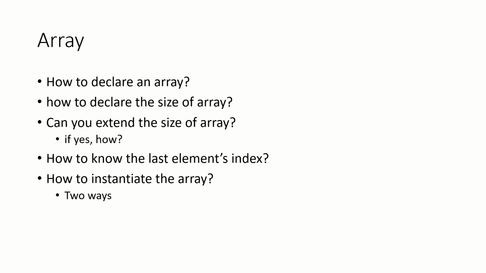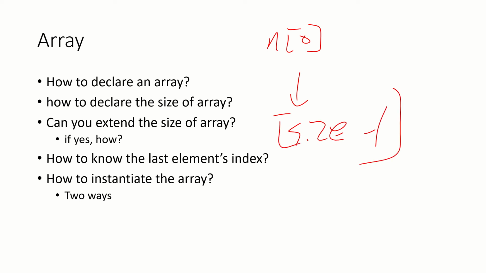Basically there are two ways. One way is array name, bracket with index, up to size minus 1, then you assign the new value to that. Is there any other way?